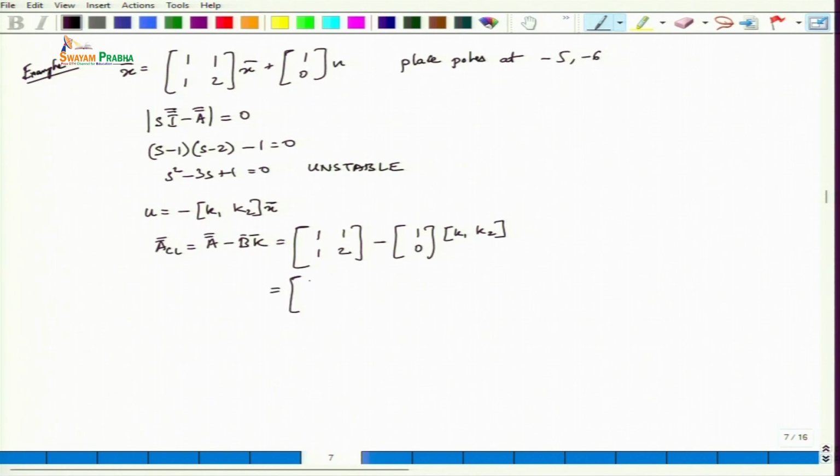And from that we get 1 minus k1, 1 minus k2, 1 and 2.